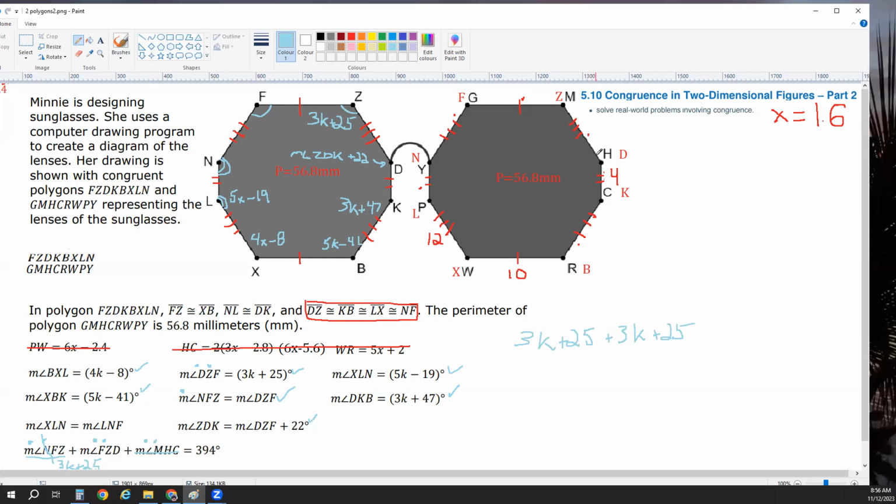And MHC is the same as ZDK. Oh, maybe I misread that. MHC is the same as ZDK. This should say DZF plus 22.